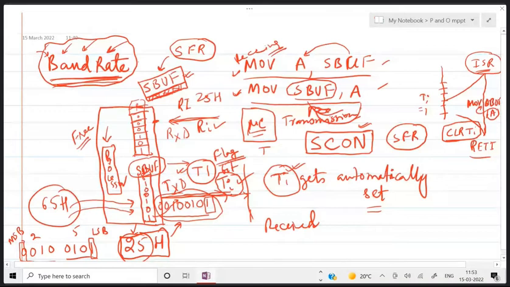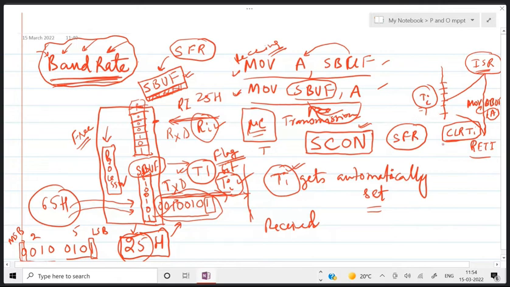This has to be cleared by the programmer. This is different from the other types of interrupts which we studied, like your timer interrupt or your hardware interrupts, wherein the flag register gets automatically cleared. Here in serial communication, when the interrupt happens because of TI or RI, that needs to be cleared by the programmer.